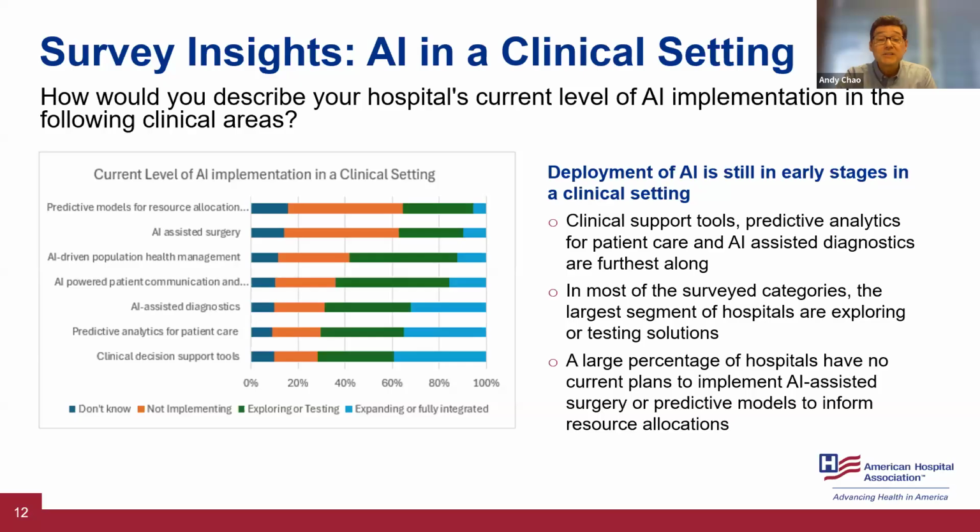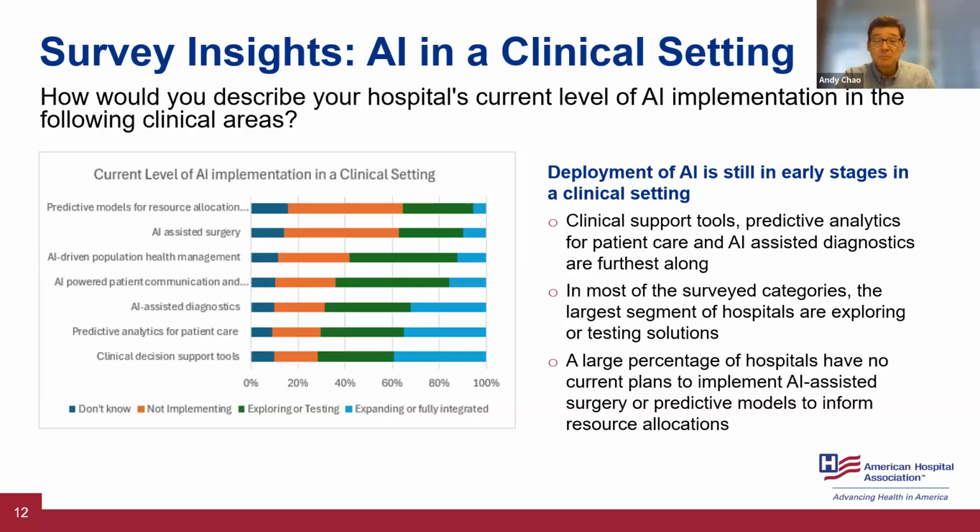Hospitals are farthest along in deploying AI for clinical support, predictive analytics for patient care, and AI-assisted diagnostics, and less far along in using technology for resource allocation, population health management, and AI-assisted surgery.